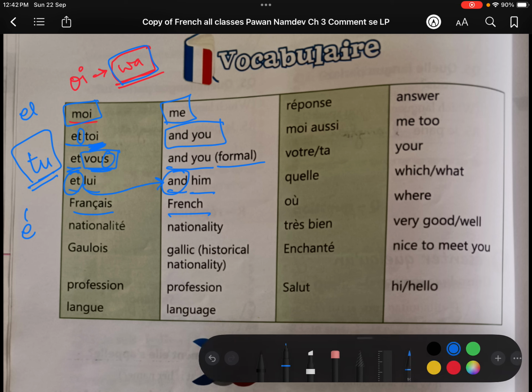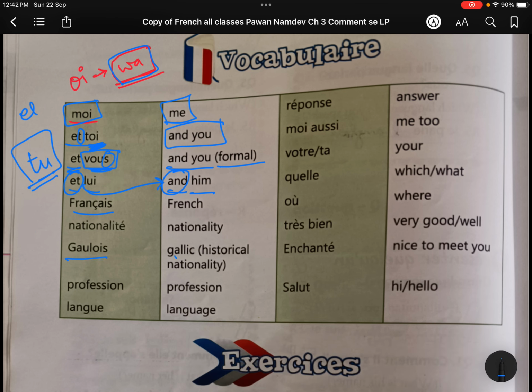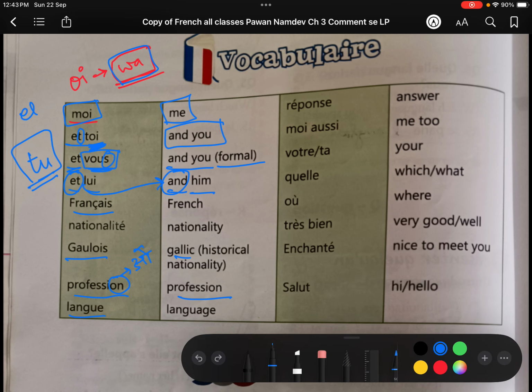Nationalité means nationality. Then we are having Gaulois, Gallic, historical nationality. All right. Profession. Long. This is profession. The sound of on in the last is kind of all right. Profession is profession. Long, language.